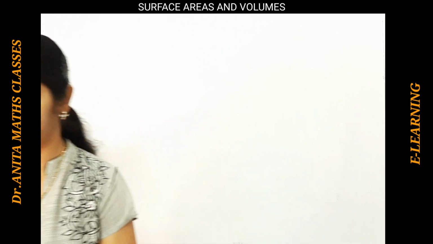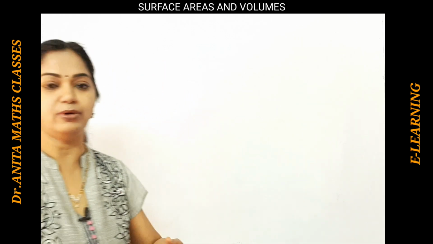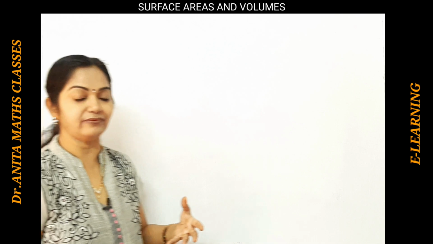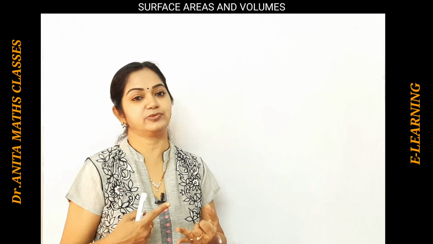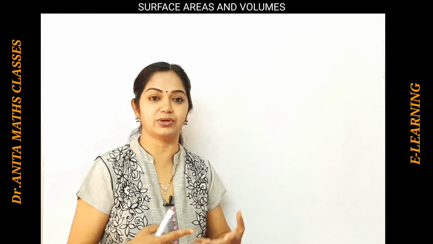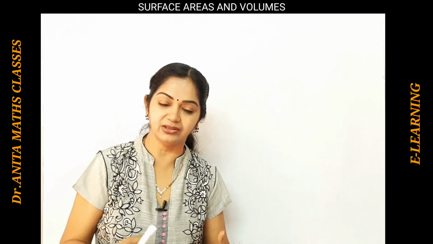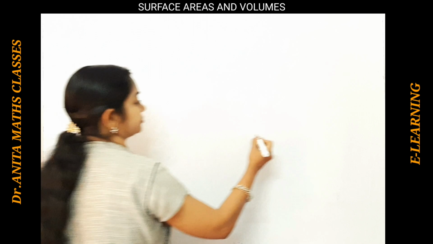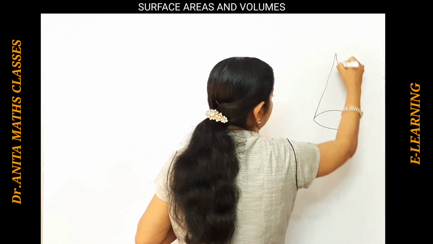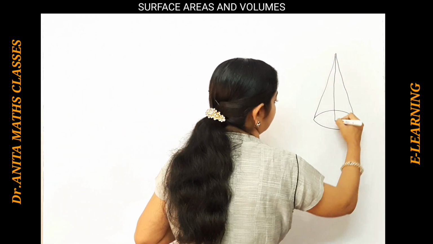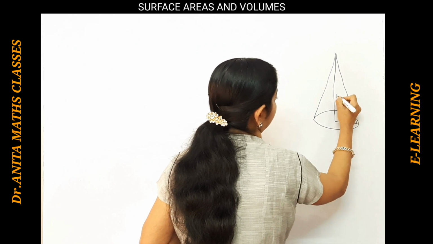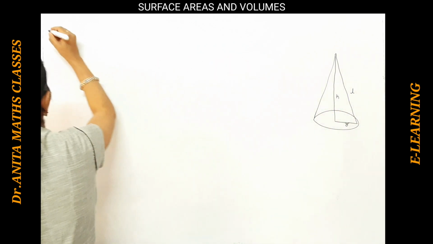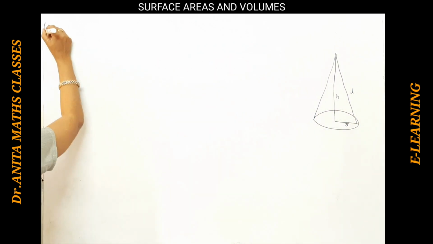To find the volume of a cone, we should have the radius as well as the height. The volume is 1/3 pi r square h. We will find the radius and height from the given information. Now let's draw the cone here.